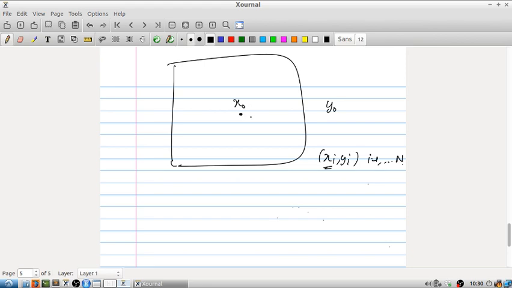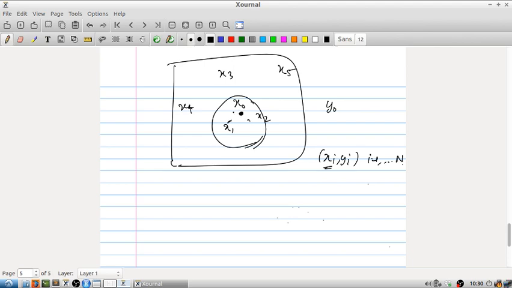The second case is when they are not overlapping. Maybe there is an x1 here, x2 here, an x5 there, an x3 here, an x4 here. So maybe there's nothing in your data set which is actually equal to x0. How do you make a prediction for x0? KNN says, let me look at a small neighborhood of this point and see what points are there.